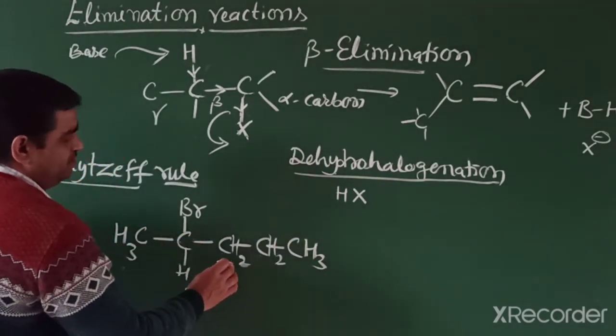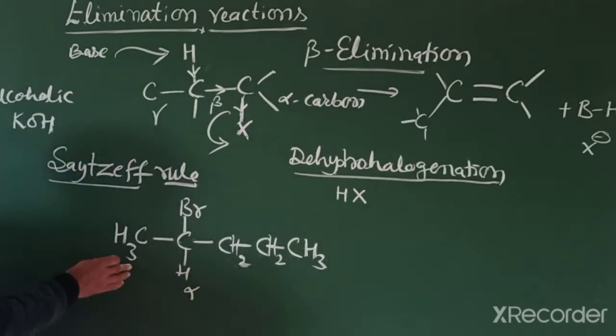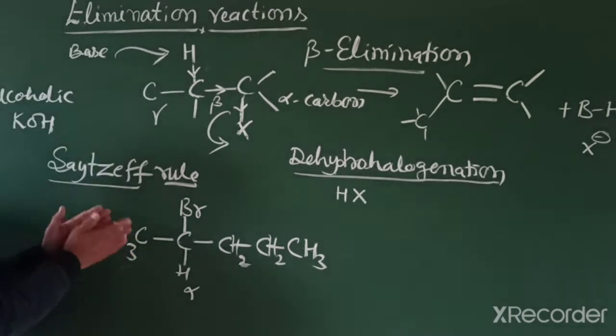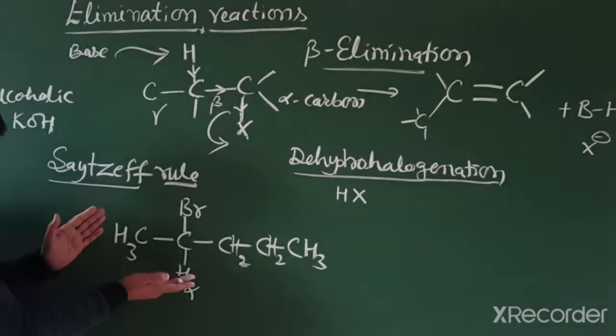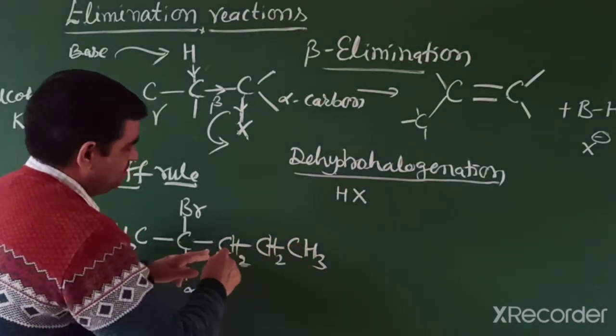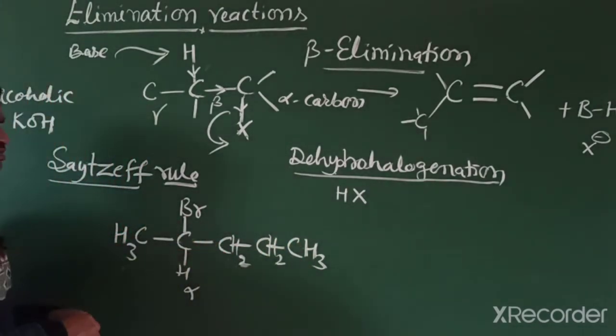So this hydrogen is beta hydrogen, and this one is also beta hydrogen. So for the nearby carbons, both have the possibility of removal. If we remove the hydrogen on the left-hand side, we get a different product. If we remove it from this side, we get a different product.